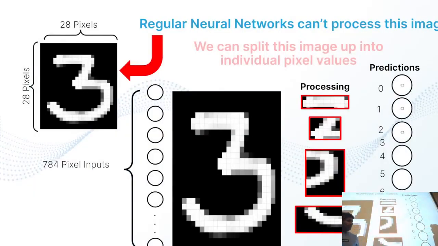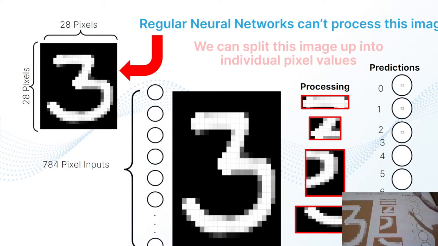All right, so let's talk about how an algorithm might attack this problem. It starts by taking this image, and a computer can't look at this image. It has no way of seeing what the image looks like. It has to split this image up into individual pixel values. Again, the image is 28 by 28 pixels, which means within the image, 28 times 28, there are 784 pixel inputs.